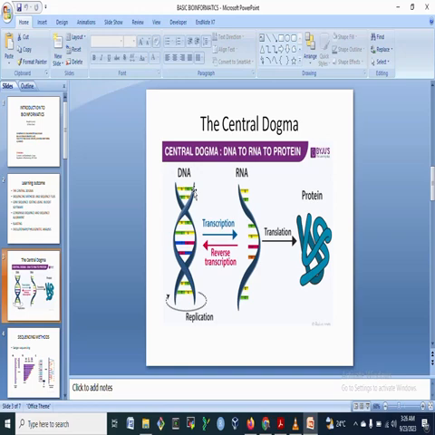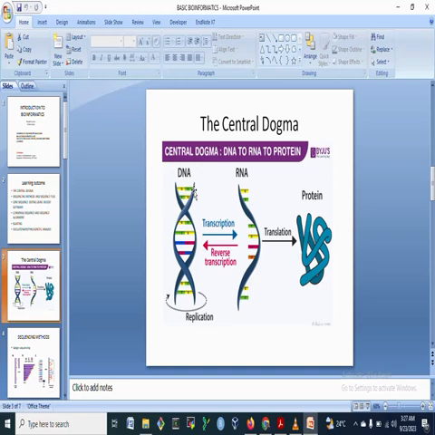When this nucleotide is joined to another nucleotide, you form polynucleotides, which could be a DNA or an RNA. And these nucleotides are joined to each other by 3'-5' phosphodiester bonds.